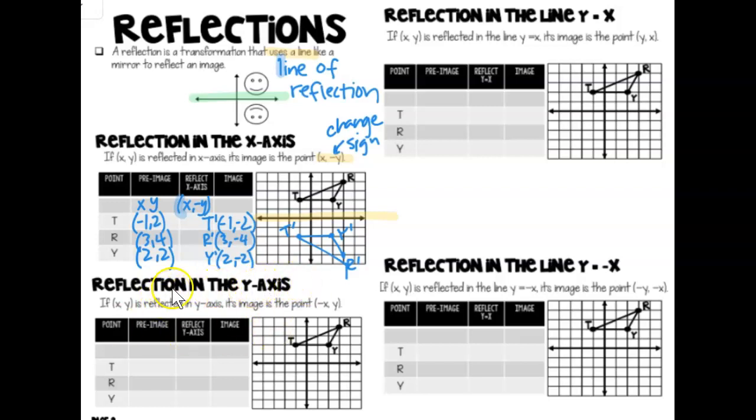Now we're going to have a reflection in the y-axis. If (x, y) is reflected in the y-axis, its image is the point (-x, y). Now again, we want to think of that -x as a change of sign, opposite of x.